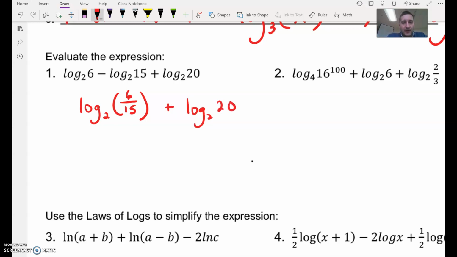Okay, and now I have 2 logs with a plus sign in between them, which means I can write them as 1 log with multiplication. So 6 over 15 times 20, 6 times 20 is 120, divided by 15 is 8. Hey, what do you know? 2 to the what power is 8? The answer to this is 3.